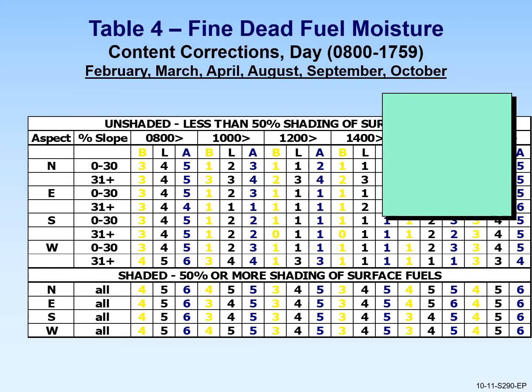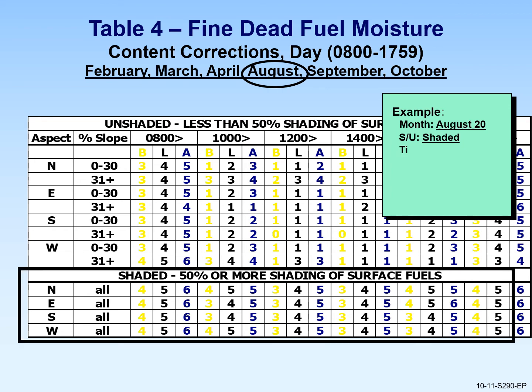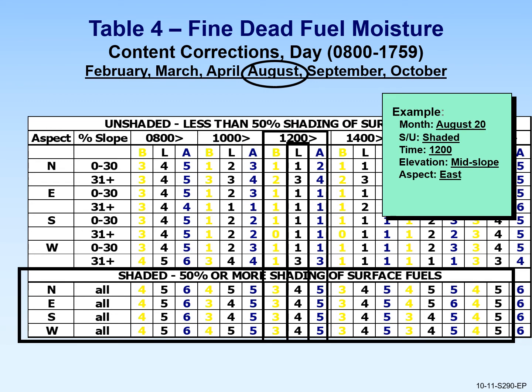Now we need a little bit more information. We're going to have to do our fuel moisture correction value. We'll need to know the month, whether it's shaded or unshaded, the time of day, the elevation, aspect, and for this, slope doesn't matter, but in unshaded fuels, it could have a difference.